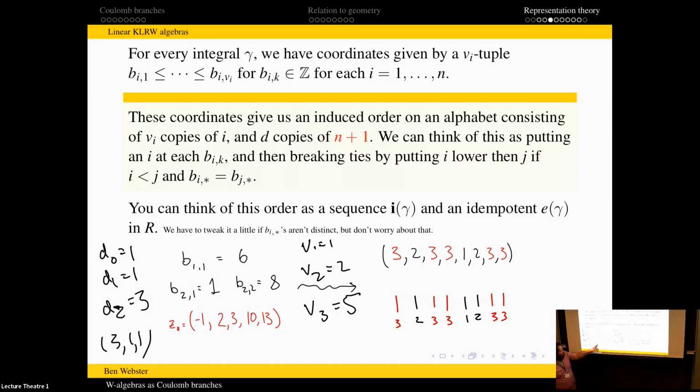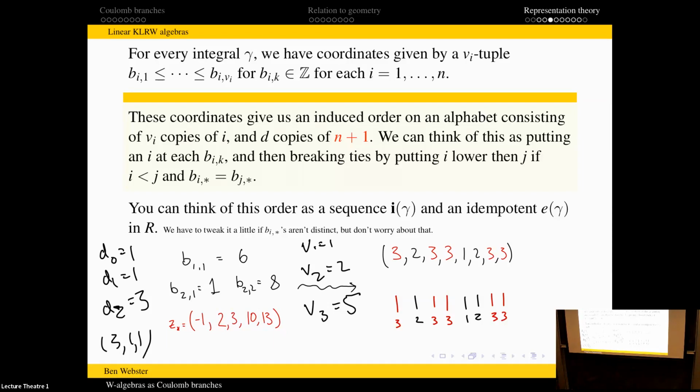And I picked minus 1, 2, 3, 10, 13. So I'm thinking of the co-character that C star maps in, and these are the exponents that I'm raising my element of C star to. And if I did this right, 1 is between minus 1 and 2. So the 2 should be between the first two 3's. 6 is between 3 and 10, as is 8. So 1 and 2 should be between the third and the fourth.